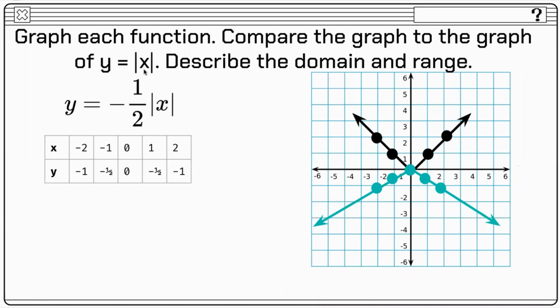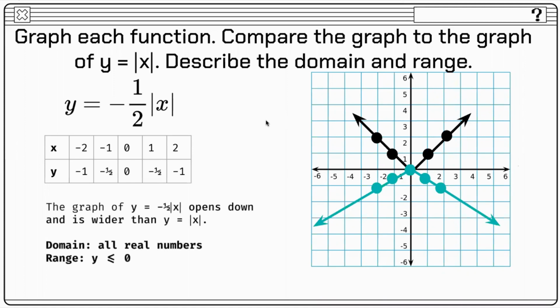First, we want to compare the graph. So we identified that earlier. We said that the graph of y equals negative 1/2 absolute value x opens down and is wider than the graph of y equals absolute value of x. Remember, your domain is going to remain all real numbers. As for your range, it's going to be a little bit different.